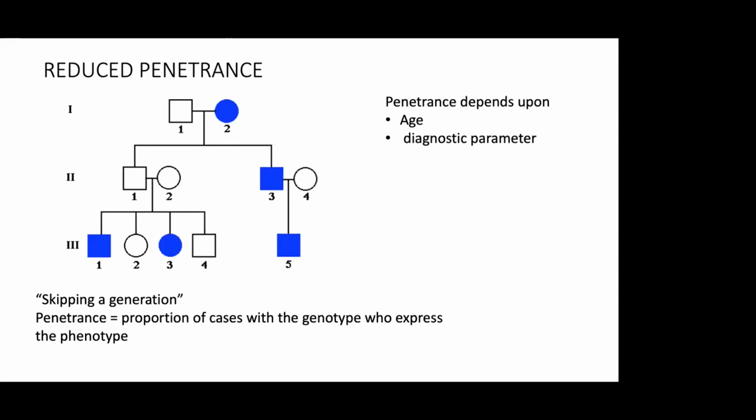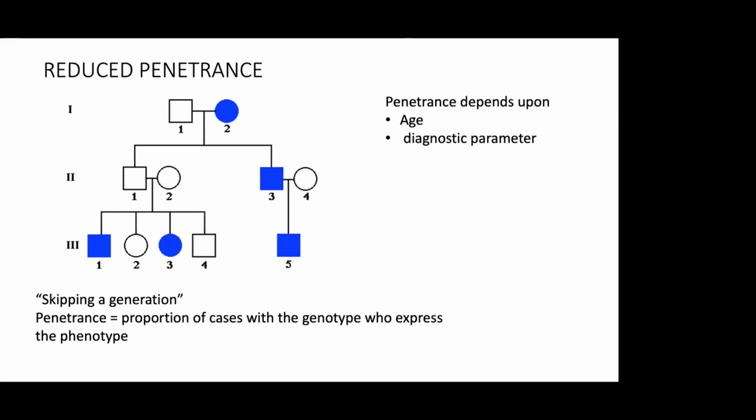That is the first parameter, and it also depends on what measurement we are using to diagnose or label someone as affected. If we are using clinical examination and appearance of a lump to diagnose breast cancer, then the detection will be at a later age, as opposed to using something like mammography as a diagnostic parameter. So it is variable, and for different disorders there are different penetrances.